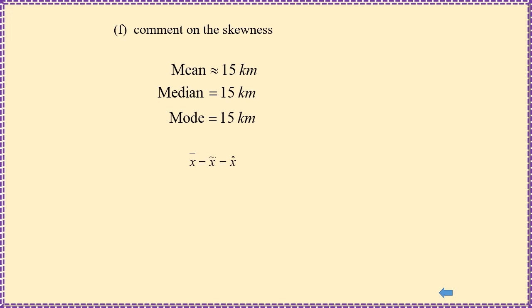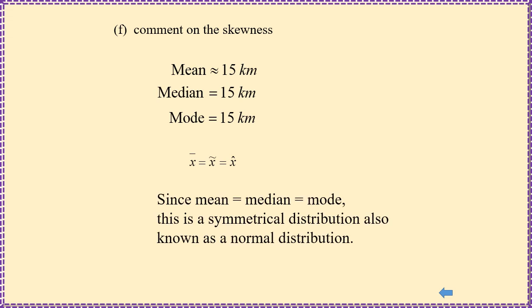From the results we get from A, B, C, the mean equals 15 kilometers, the median equals 15 kilometers, and the mode also equals 15 kilometers. So we can say that they are almost the same. If they are the same, then we can say that the distribution is a symmetrical distribution, which is also known as a normal distribution.